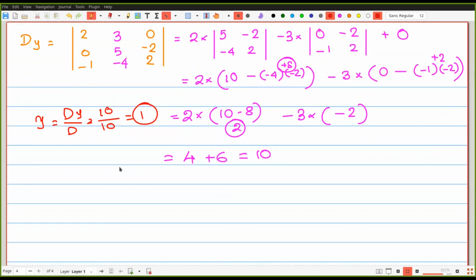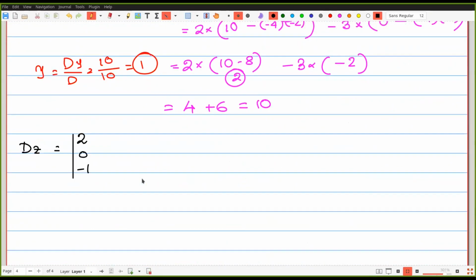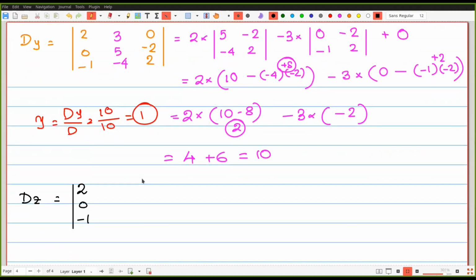And finally the z. So dz: the first column must be the same, 2, 0, minus 1, the second column minus 1, 3, 0, and the third column is now replaced for z.